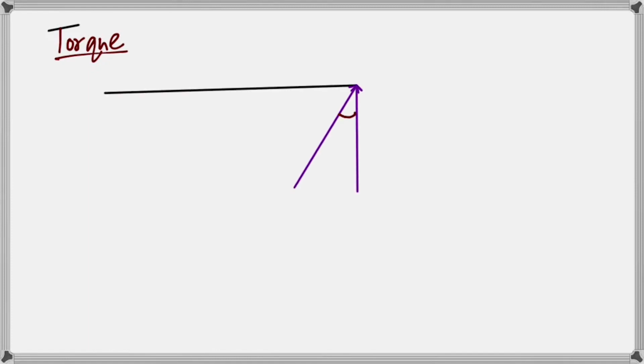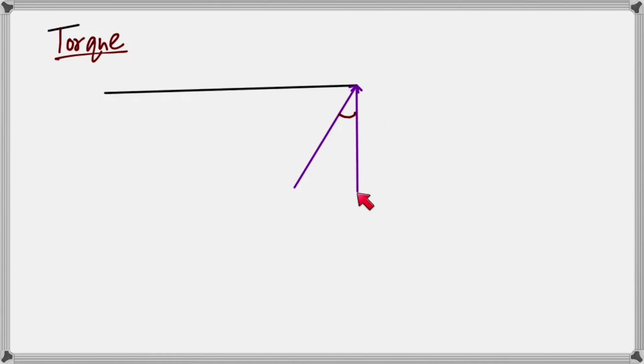Again, I'm going to talk about torque here. If you have a door, the hinges are here, and the door knob is here. The easiest way to apply a force to open the door is to apply the force perpendicular to the door.